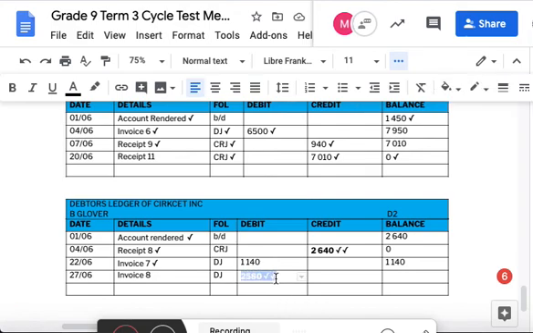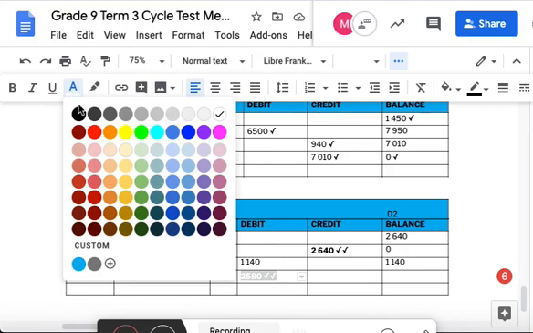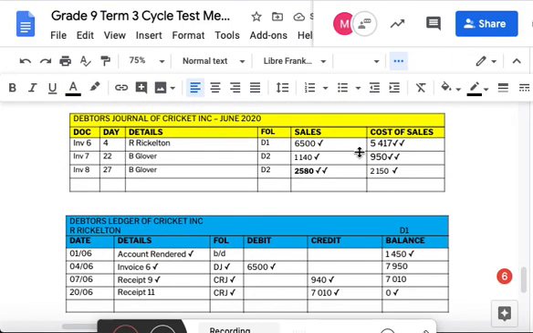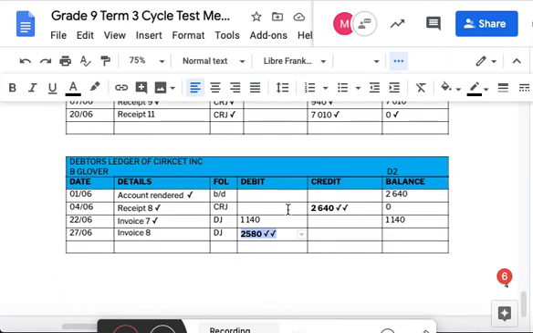We're debiting, and the amount is? Okay, 2,580. It's important here because they've given us the cost of sales or the cost price. We need to work out what he actually pays. Okay, and that's important that we drag that figure down, 2,580. That is what he owes us, or how much more he's purchasing from us.